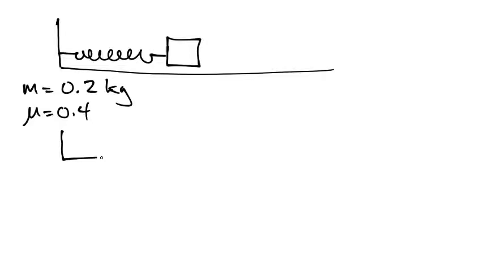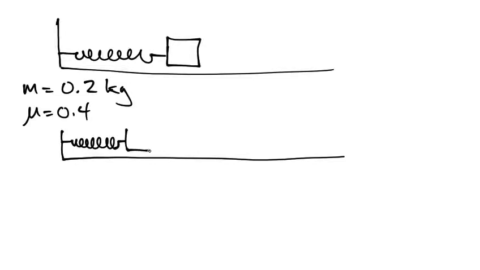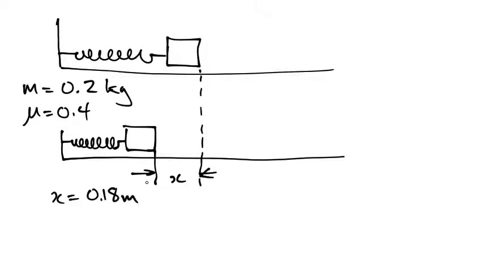So what we have is basically the spring is compressed now, and if we take this distance, that distance is a distance of x, and x is equal to 18 centimeters or 0.18 meters.